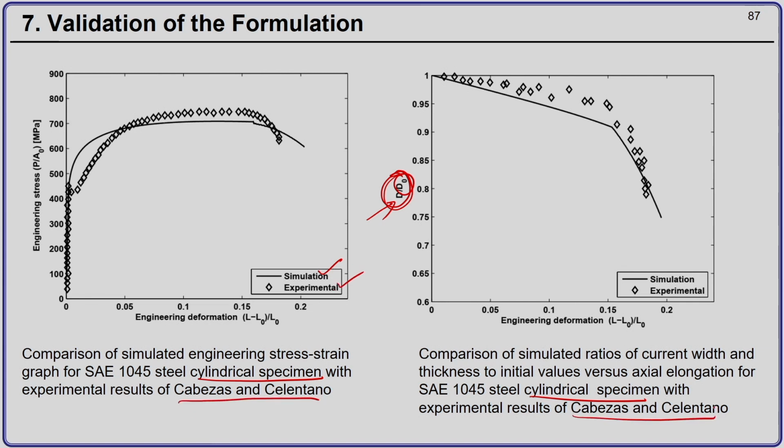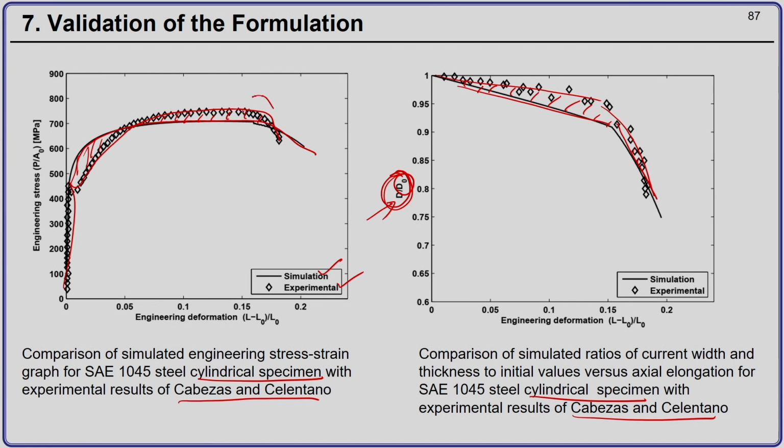This is the experimental result and this is the simulation result that we get. Although there are some errors at certain positions, we can say that at least our numerical implementation is pretty much okay.